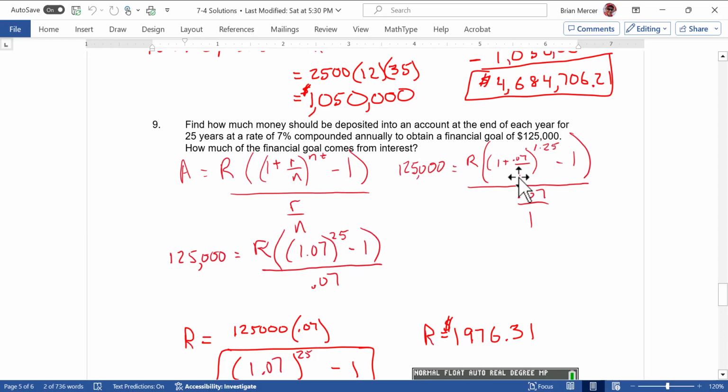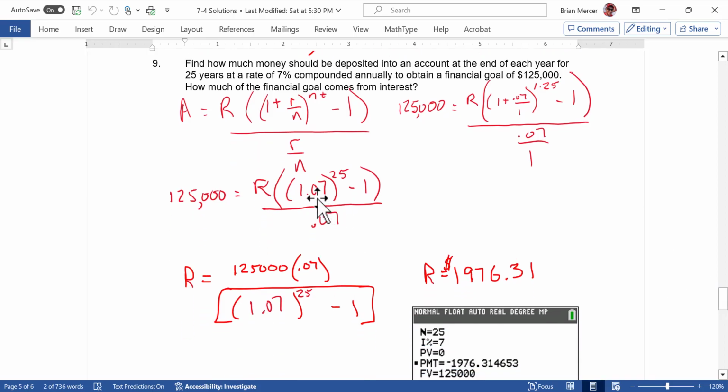I clean this up, multiply both sides by 0.07 and divide both sides by 1.07 to the 25th power minus 1. So I divide both sides by all that to get R by itself, and you get this.